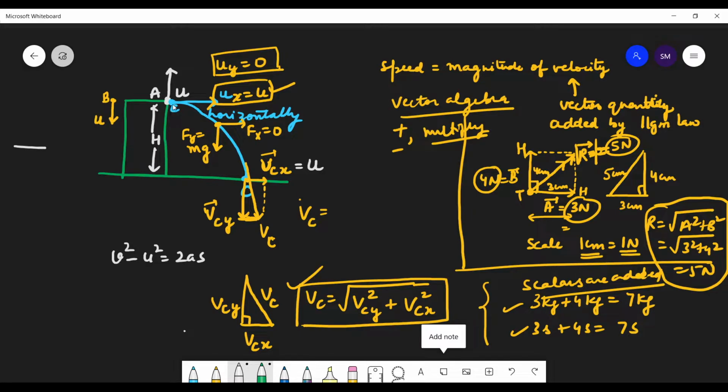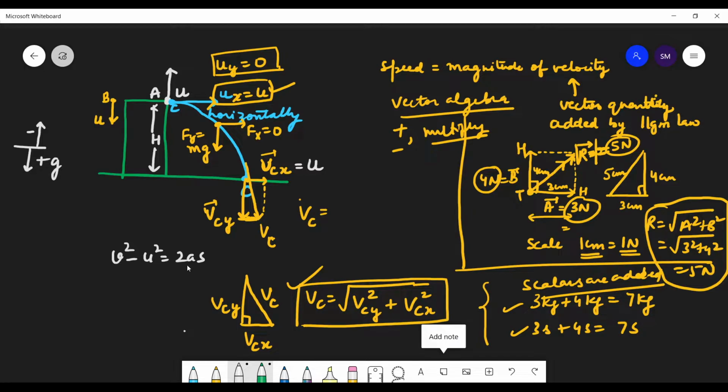Usually we take the direction of motion as positive, but it might be confusing for you. So let us take the downward direction as positive direction and upward direction as negative direction. So in the downward direction, g will be positive.